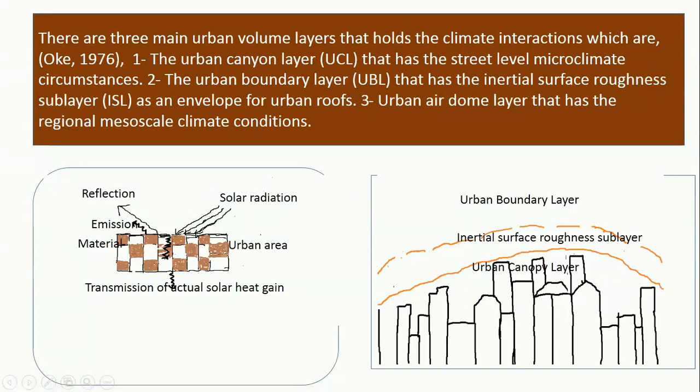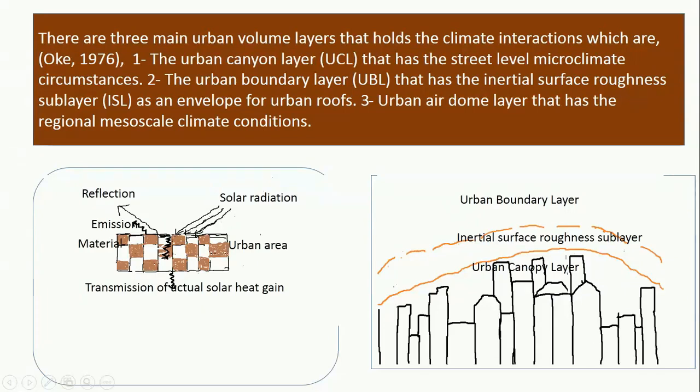The total urban buildings get heated because they absorb a large part. Gradually the urban structure gains temperature. Some part, a little part, goes back due to reflection, and the other part is emission.